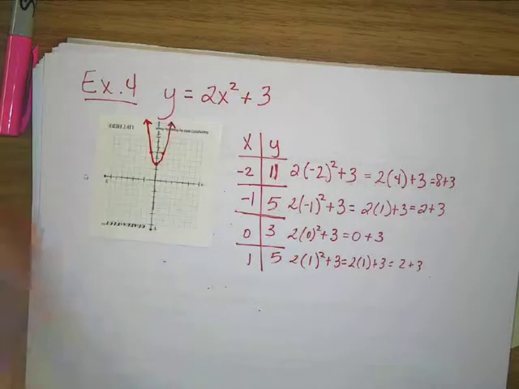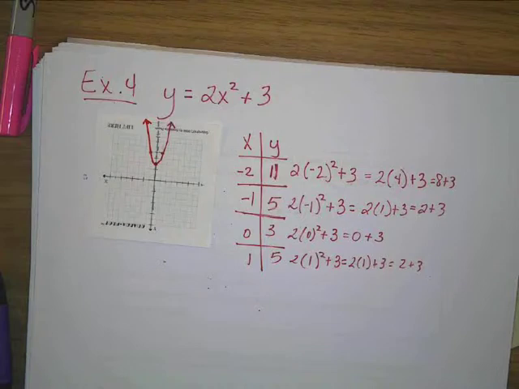So it's narrower. And what did the 3 do? It brought it up 3. It moved it up 3. Very nice.